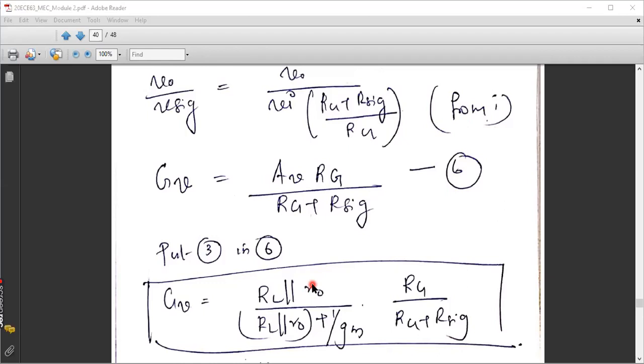Once we have fixed the bias, if you give the input signal within the allowable limit, you will not have any shift in the Q point. That is because of the degenerative action of the resistance Rs that we discussed in module 1 in the types of biasing techniques. So the most ideal configuration that we use for amplification is the common source configuration with Rs.